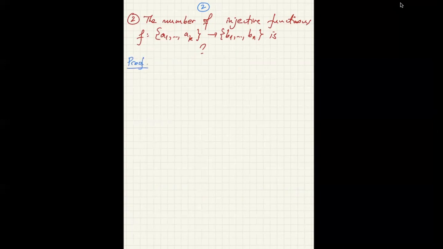So again, instead of guessing a formula, let's just try to figure out the answer and then write it down. The proof is similar to the one before.